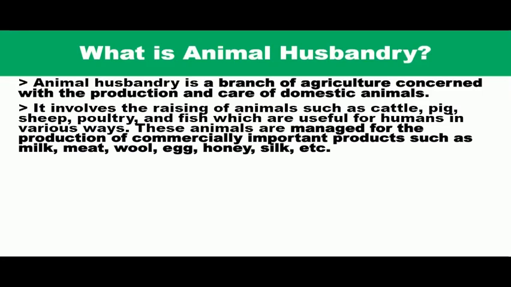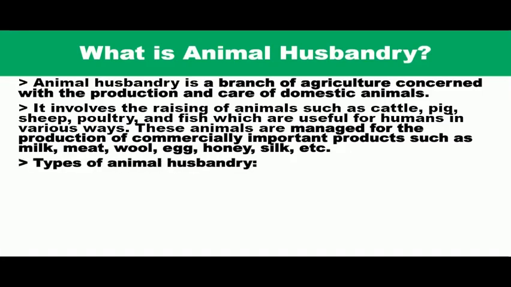It involves the raising of animals such as cattle, pig, sheep, poultry, and fish, which are useful for humans in various ways. These animals are managed for the production of commercially important products such as milk, meat, wool, egg, honey, silk, and so on and so forth. Okay?